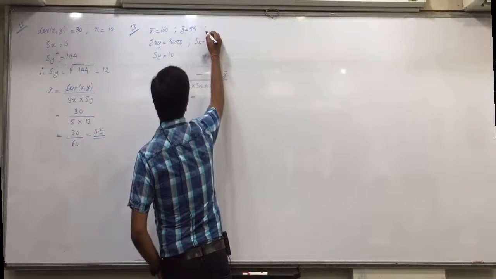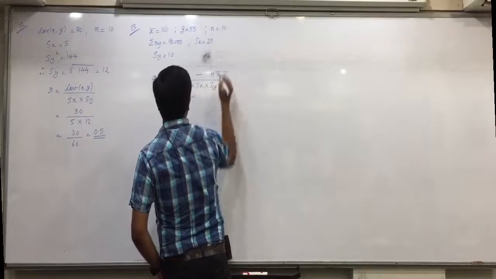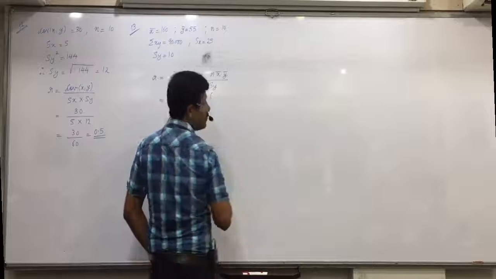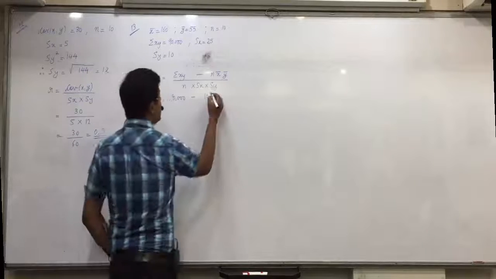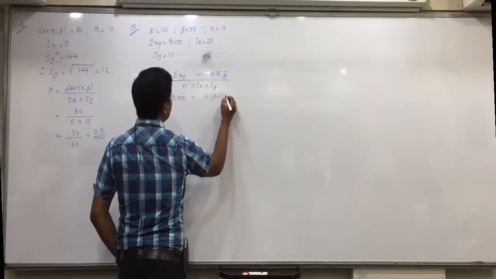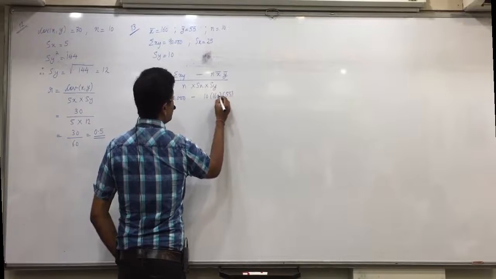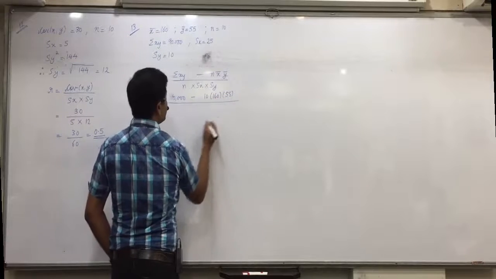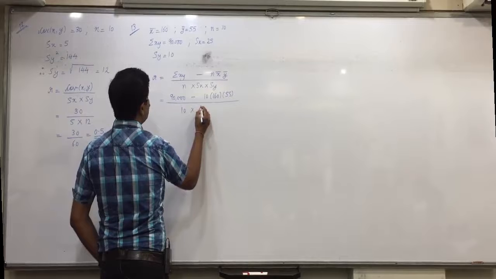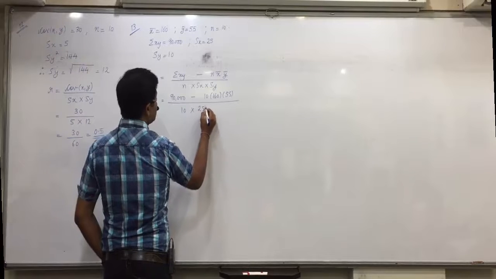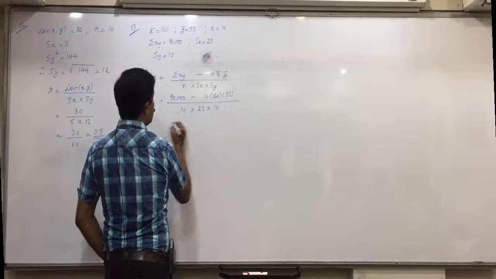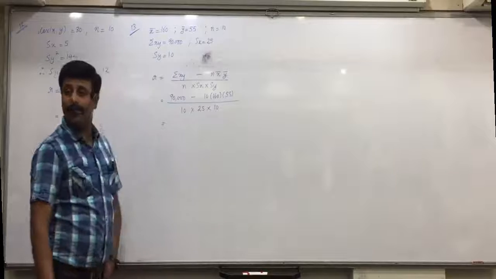That shows that n is equal to 10. So minus 10 into x bar 160 into y bar 55, divided by 10 into Sx is 25, Sy is 10. Are you all clear with it?